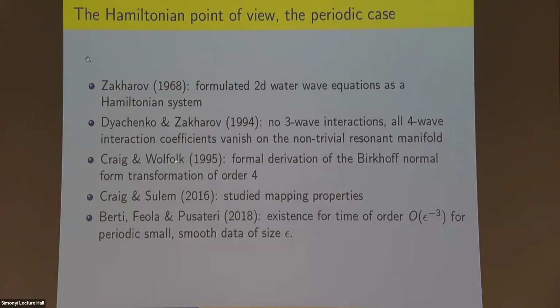Craig, Wolfolk and Craig, Sulem studied mapping properties, but it was just very recently that Berti, Fiorani, and Feola showed rigorously that for periodic data of size epsilon, the existence time of the wave is epsilon to the -3.